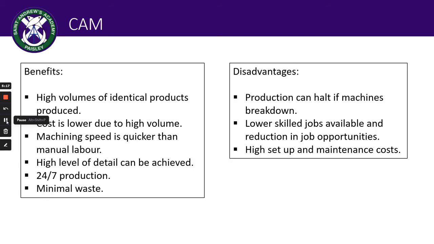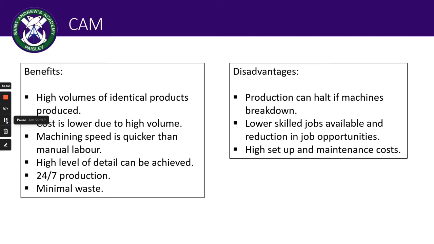We are now going to look at some of the benefits and the disadvantages of CAM, computer-aided manufacture. On the positive side, high volumes of identical products can be produced, and as we've talked about previously, because of this economy of scale that you achieve, the cost is lower per product due to this high volume.